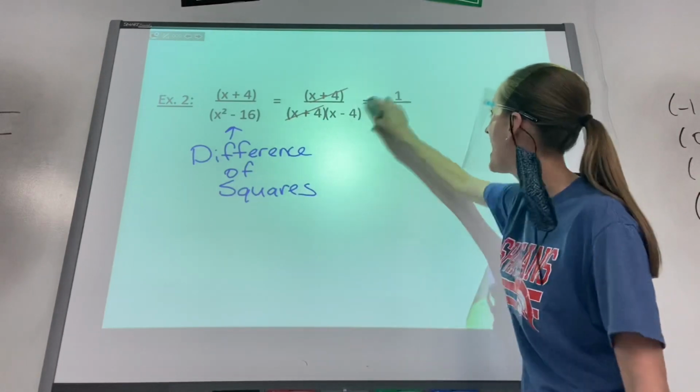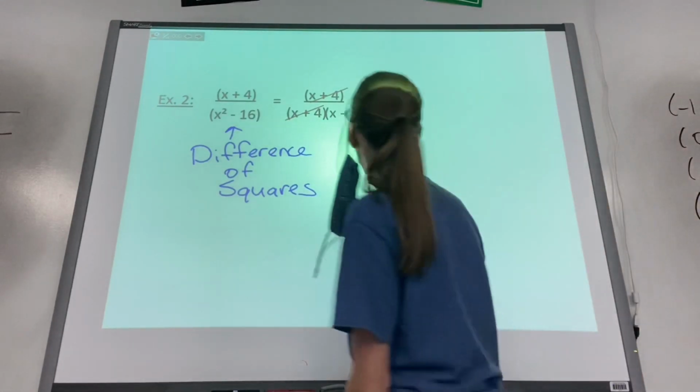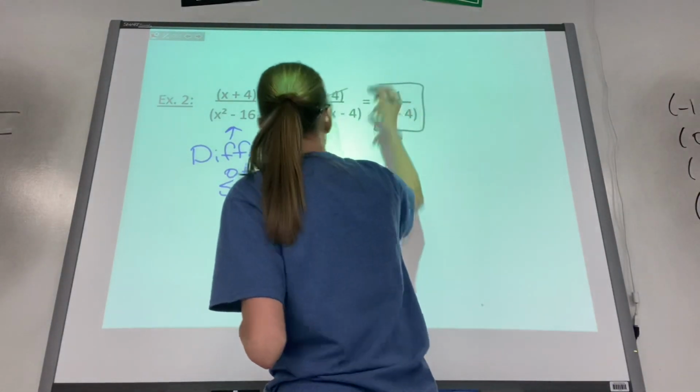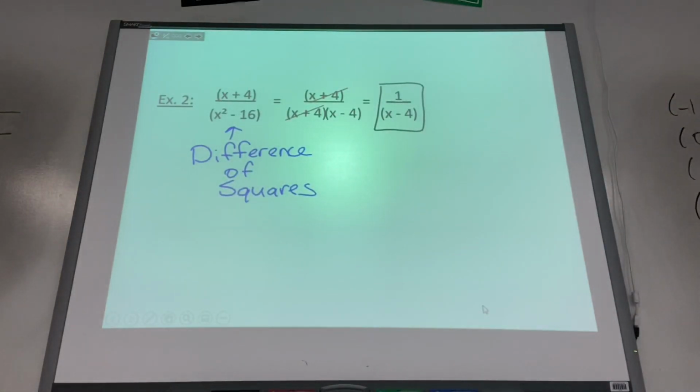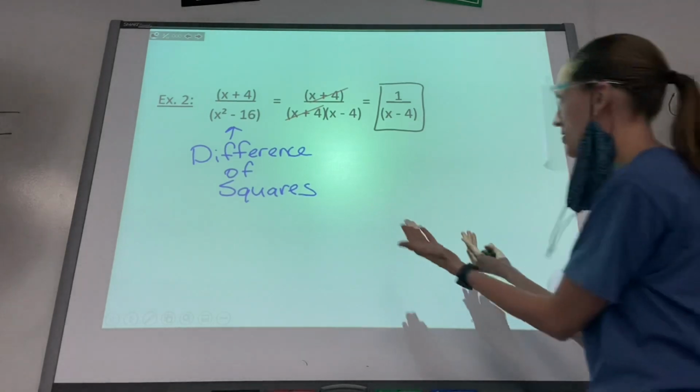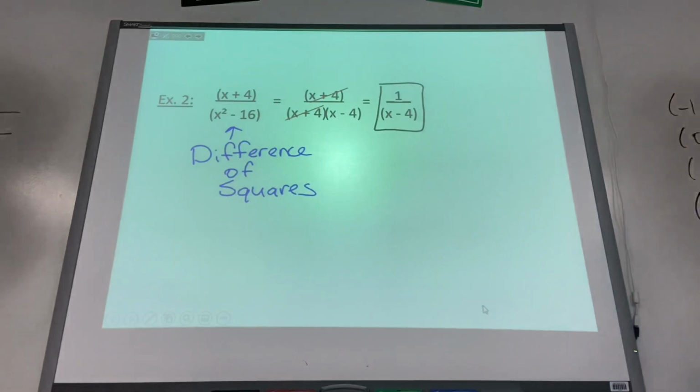So yeah, you're going to have to stick a 1 on top there, and then just the x minus 4 on bottom. You don't have to have those parentheses on bottom anymore if you don't want. I kind of like to keep them there so you're not tempted to cross out something that you shouldn't. If you see the parentheses, you kind of know that all of that has to stay together. Okie doke. Any questions so far?